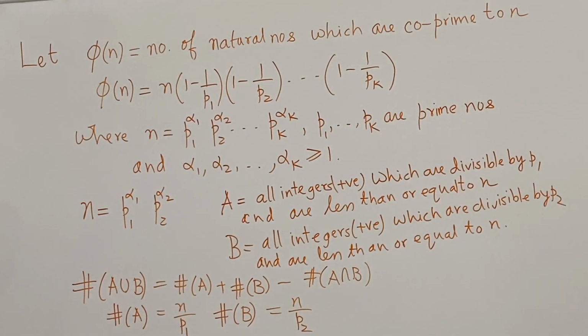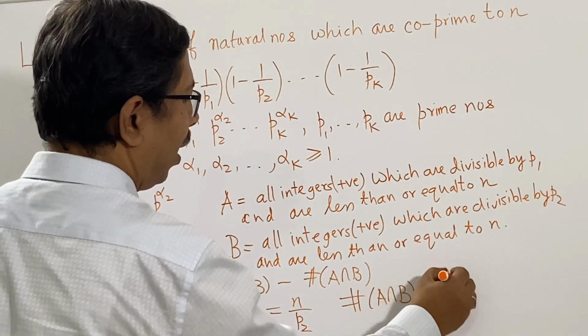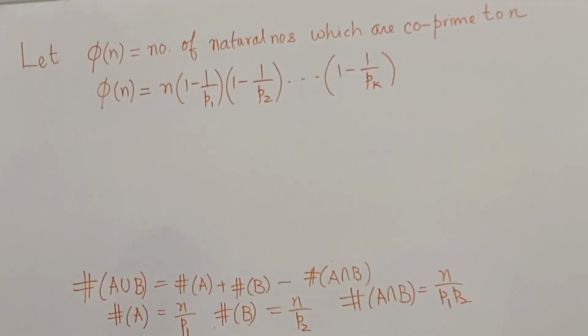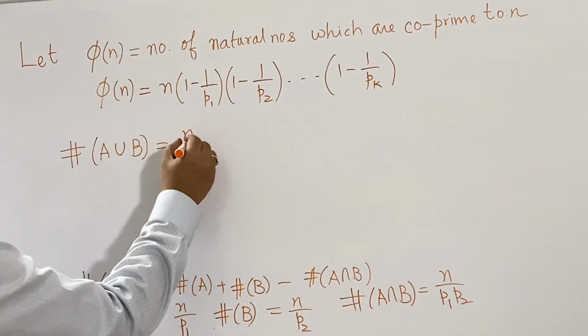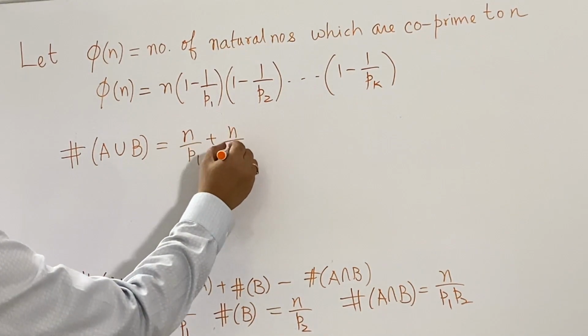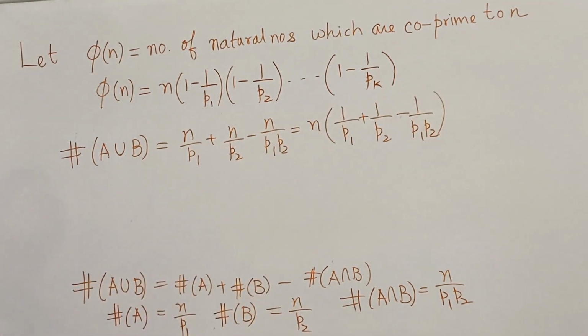The integers in A intersection B are those which are divisible by both p1 and p2, so the cardinality of A intersection B is n by p1 p2. Thus the cardinality of A union B is n by p1 plus n by p2 minus n by p1 p2, which is n into 1 by p1 plus 1 by p2 minus 1 by p1 p2.